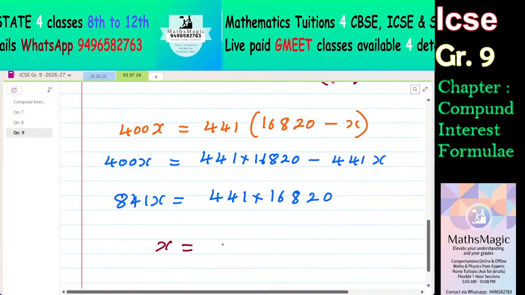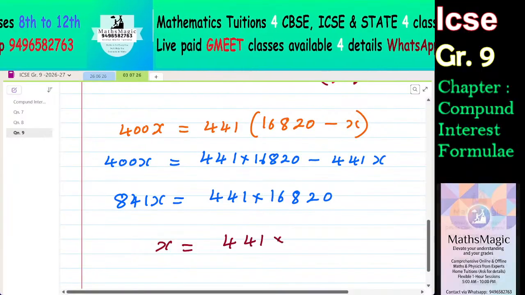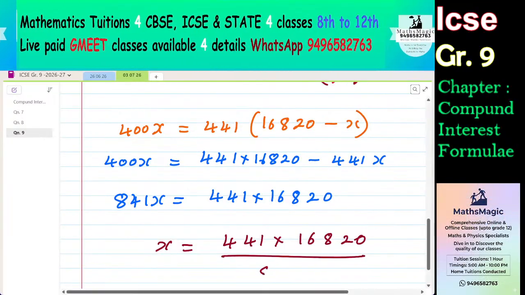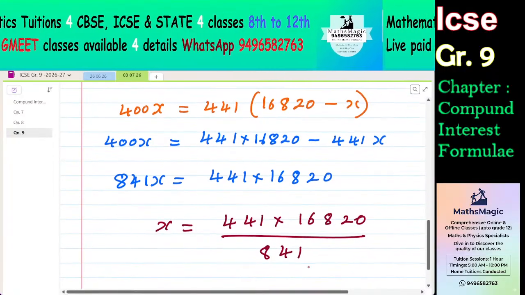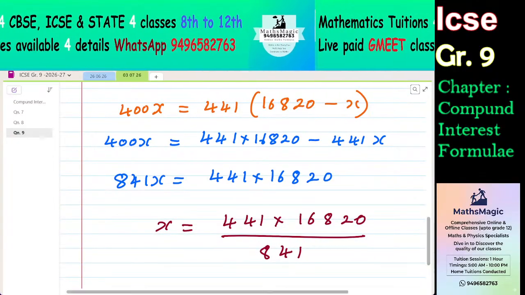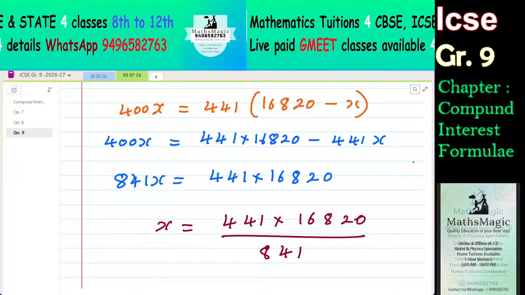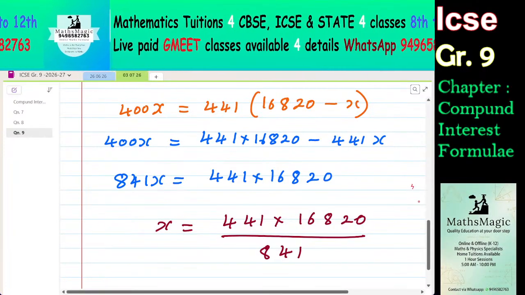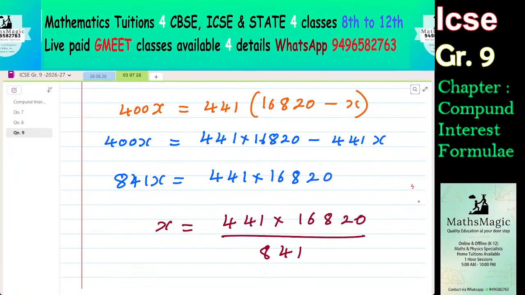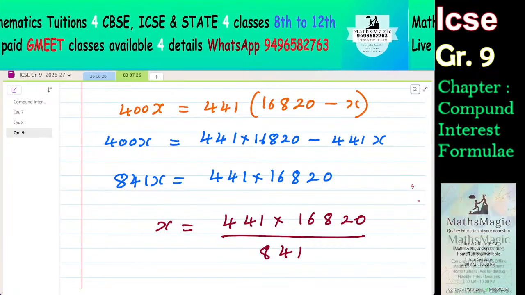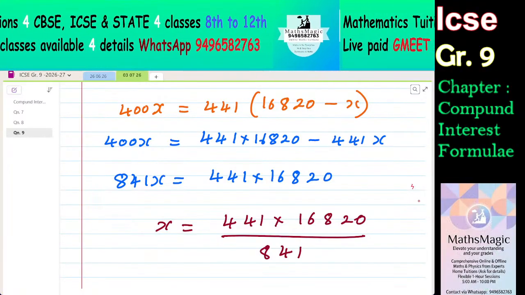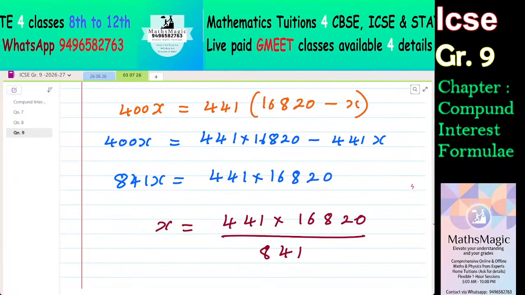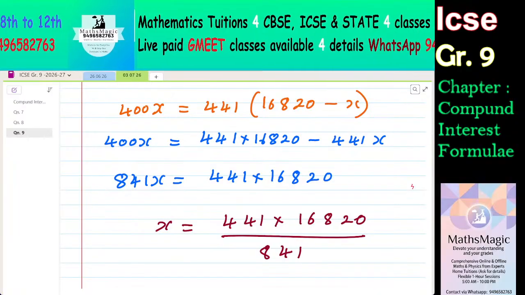So x can be any number. So we need to cancel it with the available numbers or the numbers we are familiar with. Just think of factors. Yeah, now you are getting the idea. 441 is 21 square. So 3 is the, 7 is the.